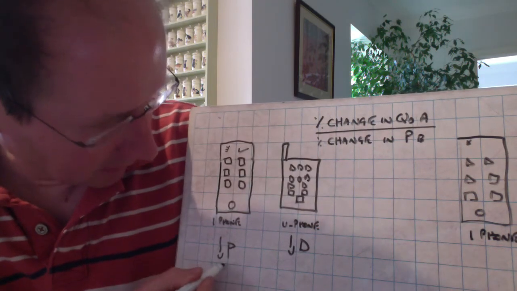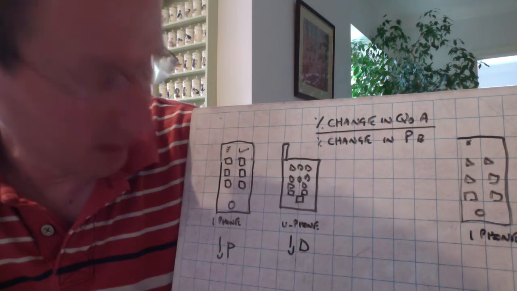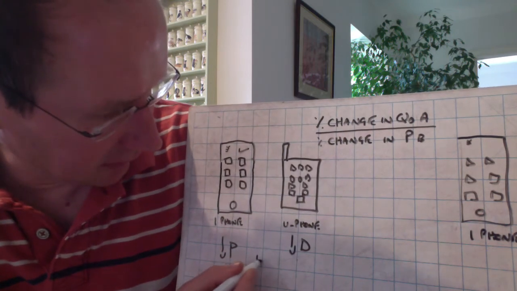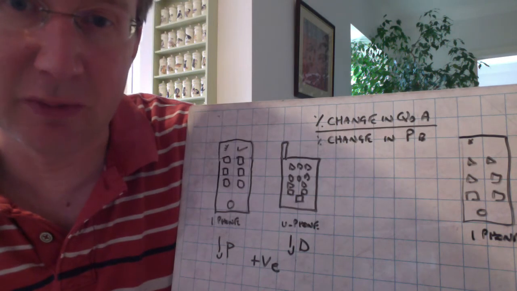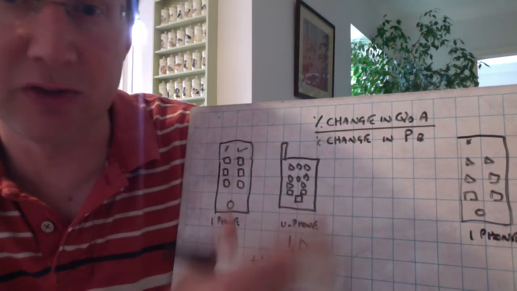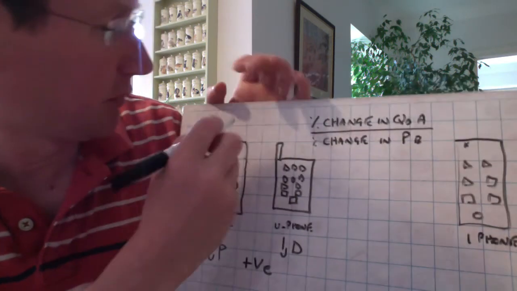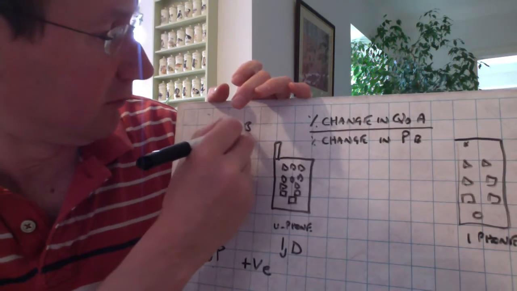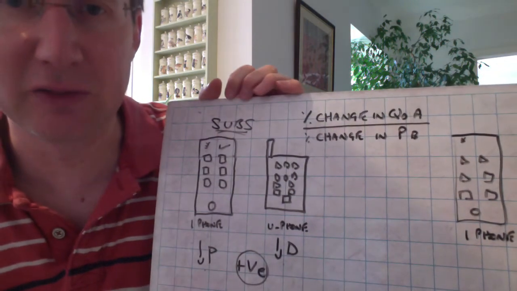So a decrease in the price of one leads to a decrease in the demand for the other, and that gives us a positive cross-elasticity of demand, because the price and the demand are moving in the same direction. So if we've got substitutes, we have a positive cross-elasticity of demand relationship.